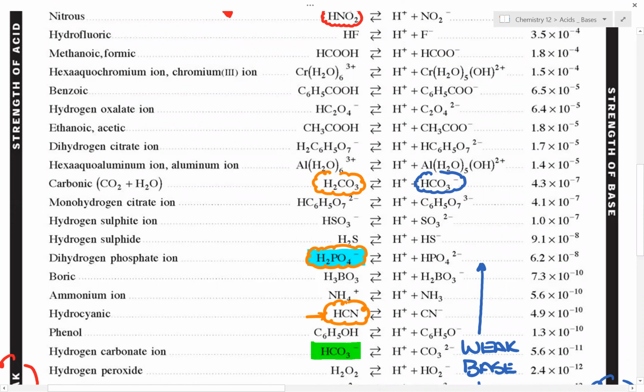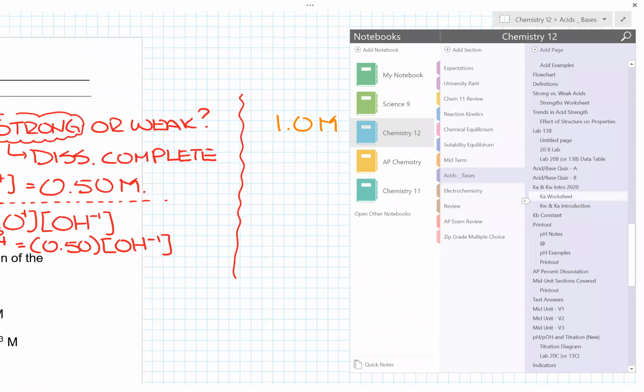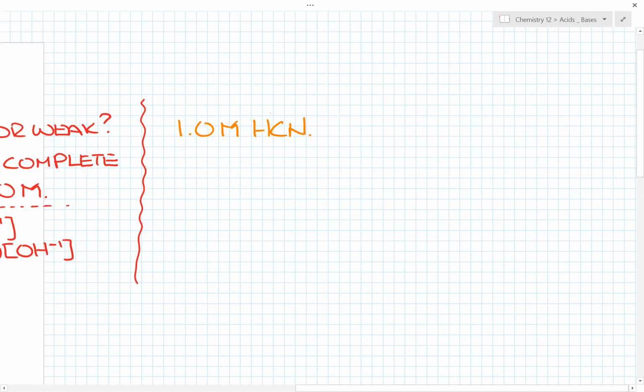Notice it's an equilibrium. HCN is a weak acid. Therefore, equilibrium.